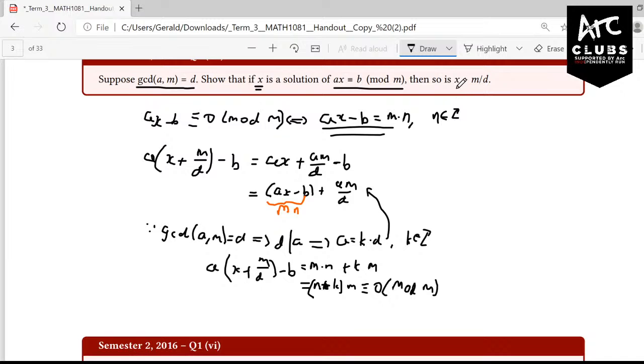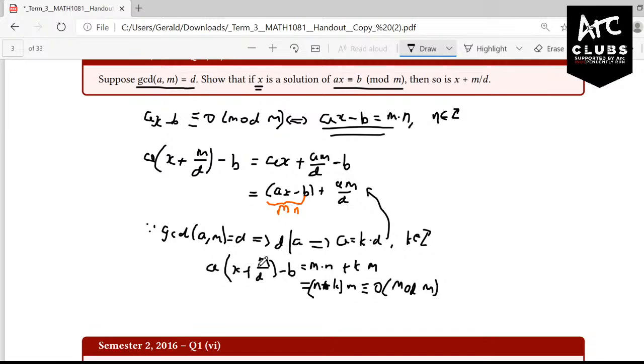And so what we did was we considered X plus M divided by D. And notice that this can be written as AX minus B plus this part here. And we already know that this is a multiple of M. So we wanted to show that this was a multiple of M as well. But that was pretty easy because we know D must divide A for the GCD to make sense. And so we end up getting this result here.